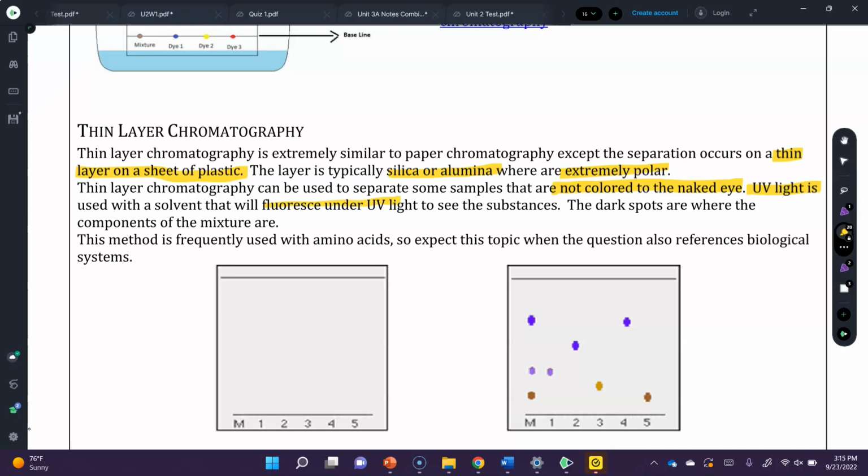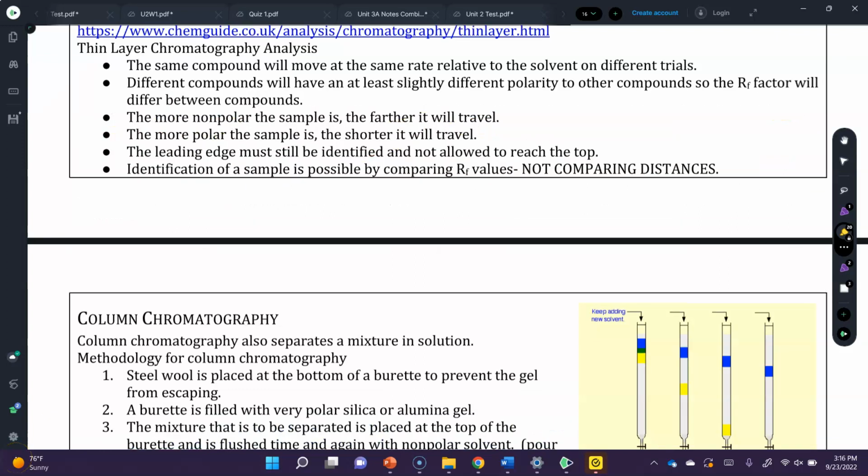The dark spots are where the components of the mixture are. This method is frequently used with amino acids, so protein synthesis or protein analysis. So expect this topic when the question also refers to biological systems.